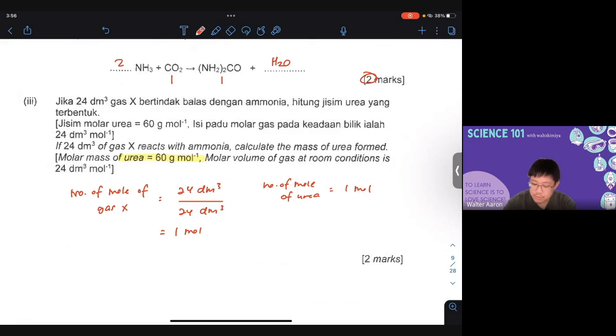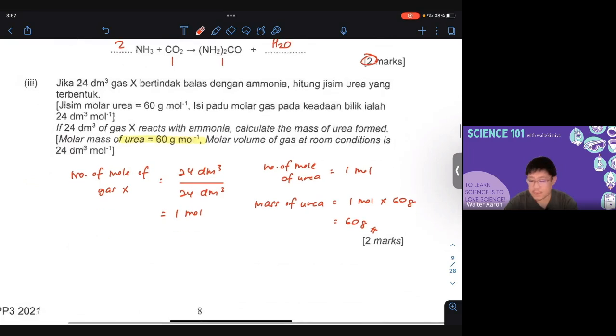So therefore, we will say that mass of urea is equivalent to 1 mole multiplied by 60 grams per mole. Okay, so the answer is 60 grams. Correct answer, you get 2 marks. 60 grams is the answer, because they give you the molar mass really easy.